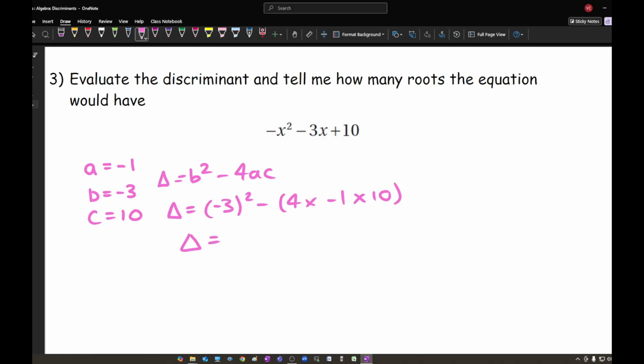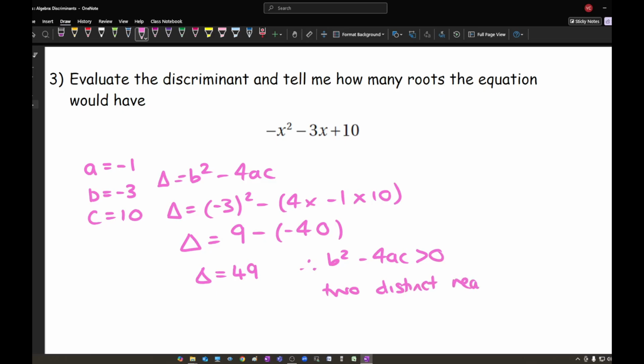So the discriminant is going to equal 9 minus -40, and that's going to give me a discriminant value of 49. So as b squared minus 4ac is greater than 0, we have two distinct real roots. And again, you could just get away with writing there's two solutions or two distinct roots or two real roots. It's entirely up to you how you write your answer.